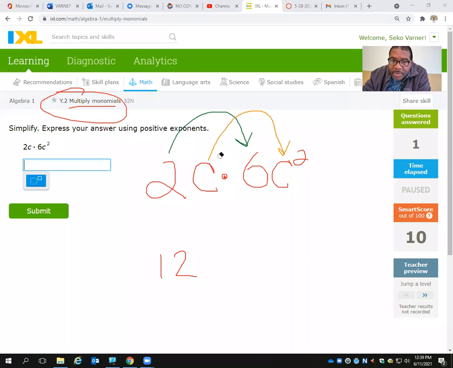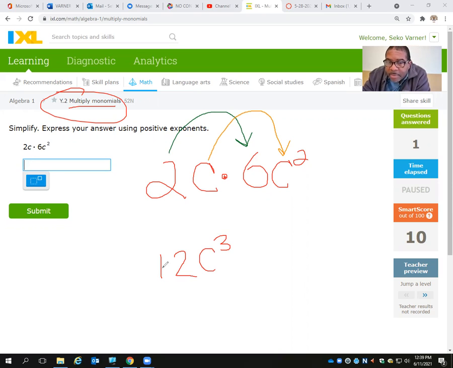Normally you're not going to see a 1 there, but just keep in mind that there's really a small 1 right here. So 1 plus 2 would be 3. So the answer would be 12c cubed, or 12c to the third power.